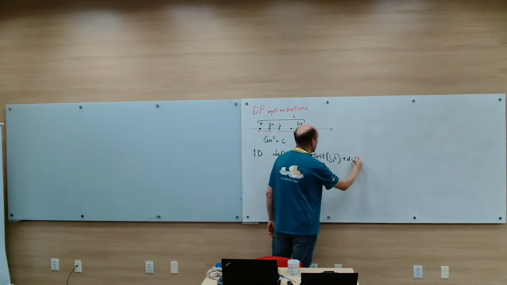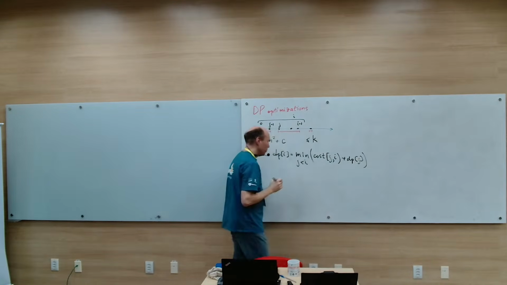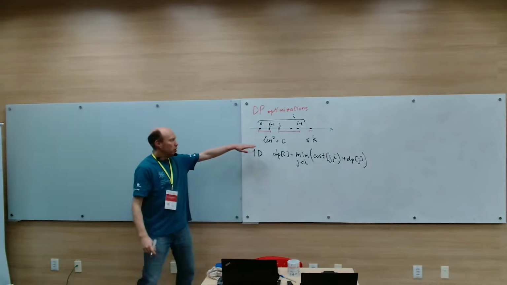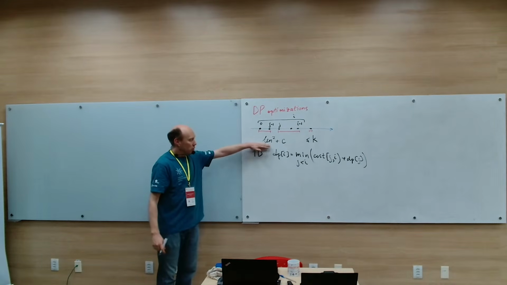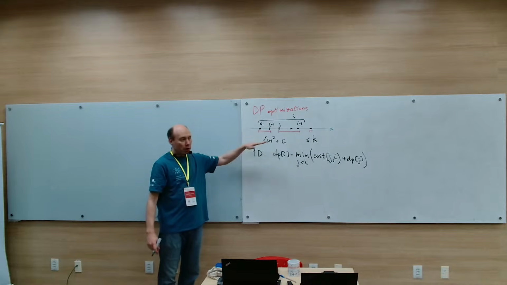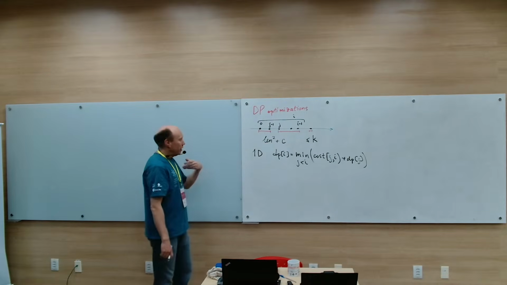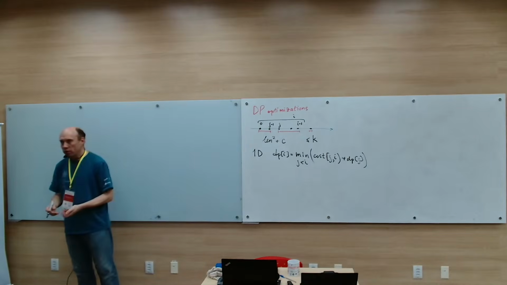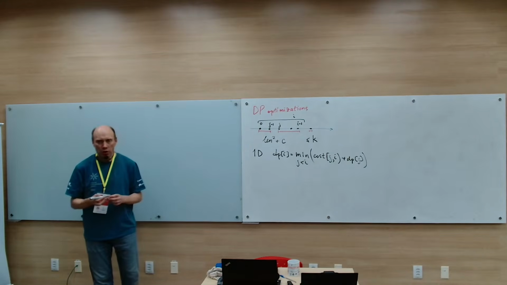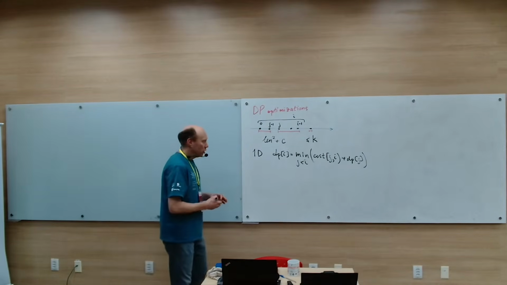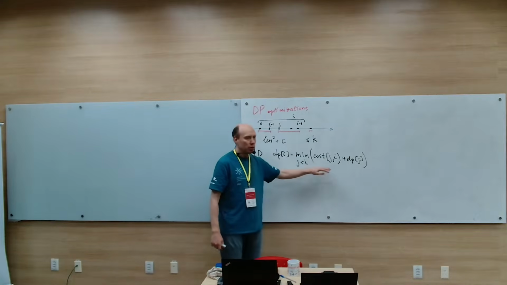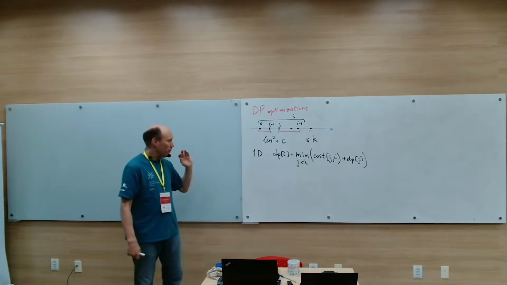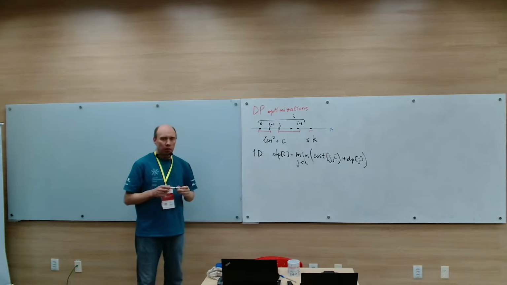Plus the cost, which is this, for example, or that can be actually alternative. I think that you have seen a lot of problems, maybe if you solved some programming contest rounds, that have a similar formula for updating the dynamic programming state.